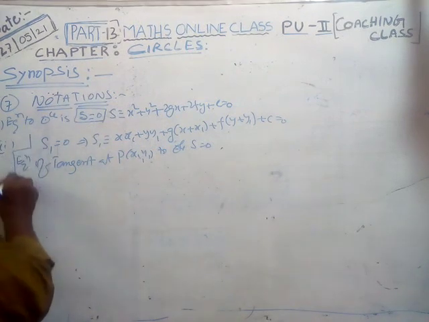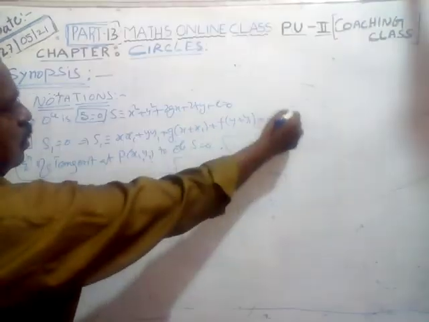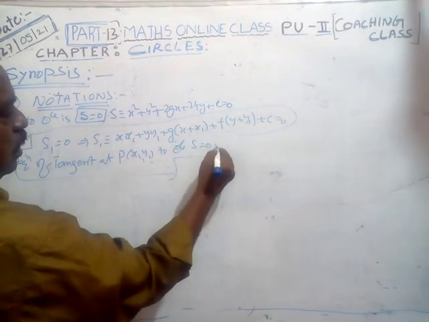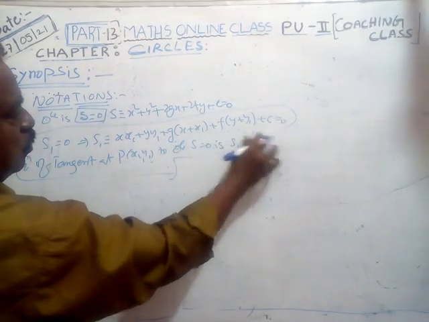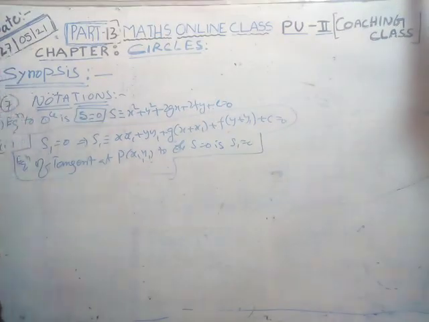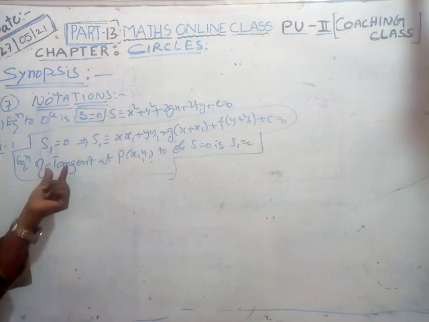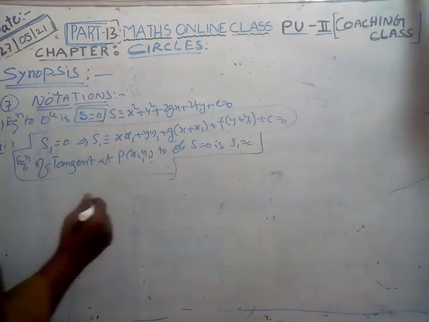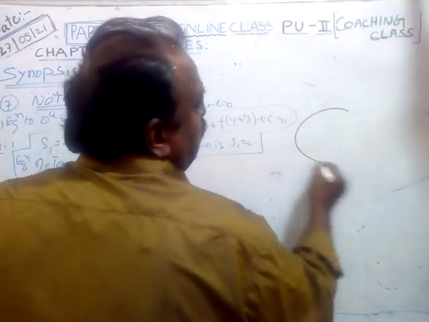This is S1, or S1 is equal to 0. S1 is equal to 0 means it is the equation to a tangent at the point P, that P point is lying on the circle.